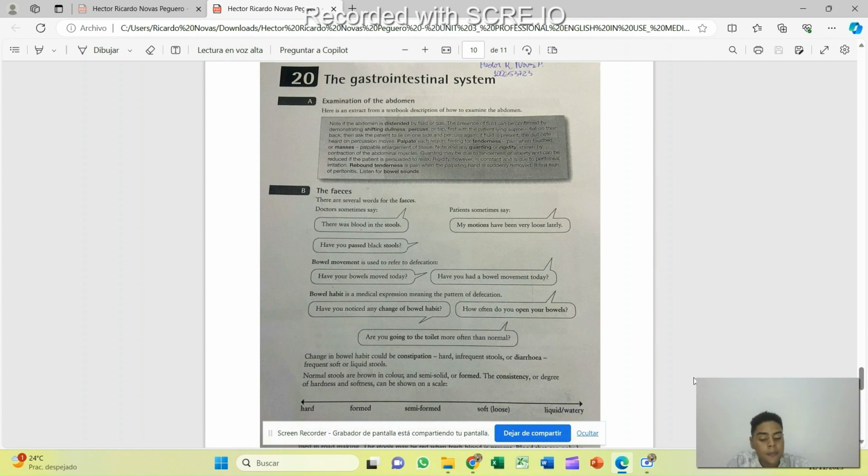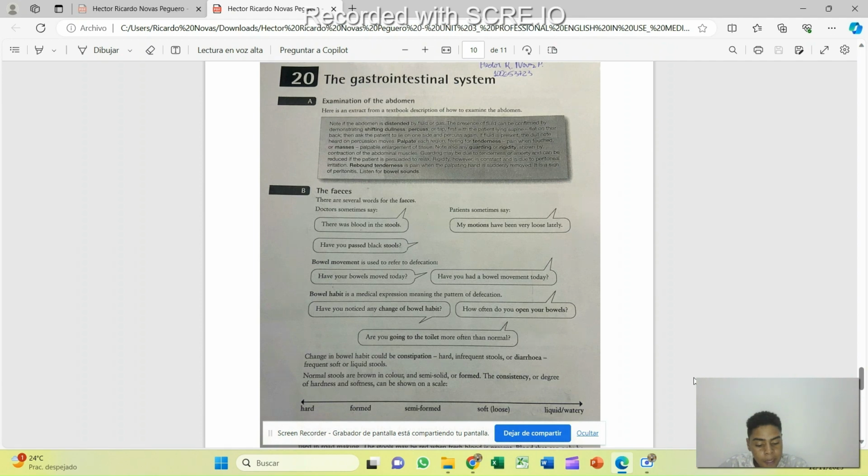The presence of fluid can be confirmed by demonstrating shifting dullness. Percuss the flanks while the patient lies supine, flat on their back.